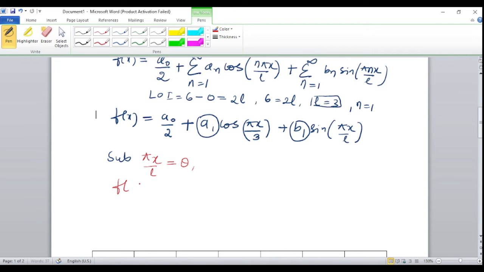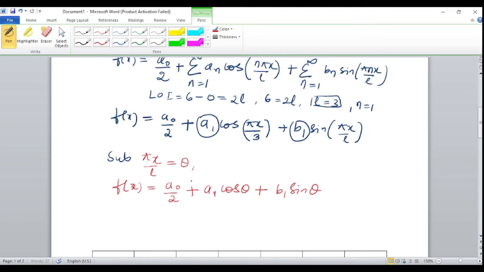Therefore f of x becomes a naught by 2 plus a1 cos theta plus b1 sin theta.